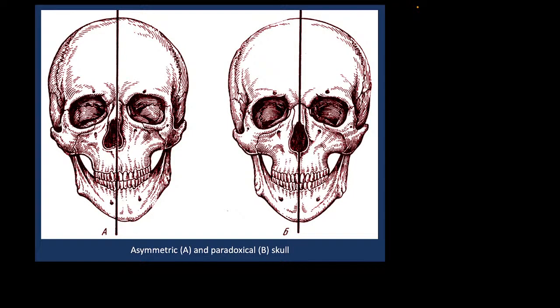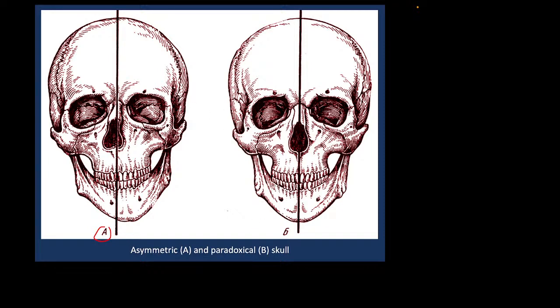A couple of words I have to say about skull variability, because we have differences. Usually that is the typical process when the skulls are asymmetric. Sometimes it is very good visible, like here, when the right half of skull is less than left one.